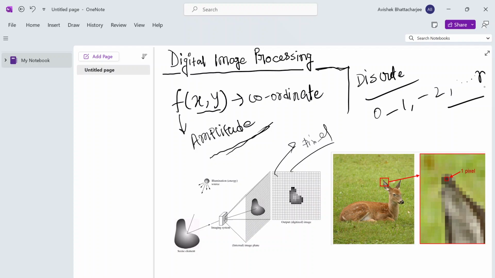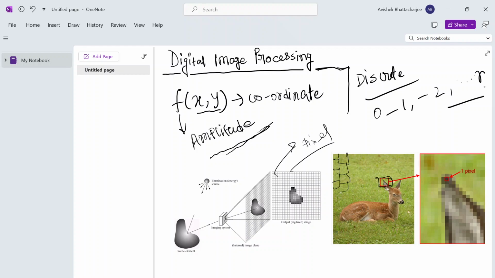Suppose this is a deer and this is the grid. We divide a picture, especially a digital picture, into different grids like this, and these grids are called picture elements. We will learn how to process the digital image.